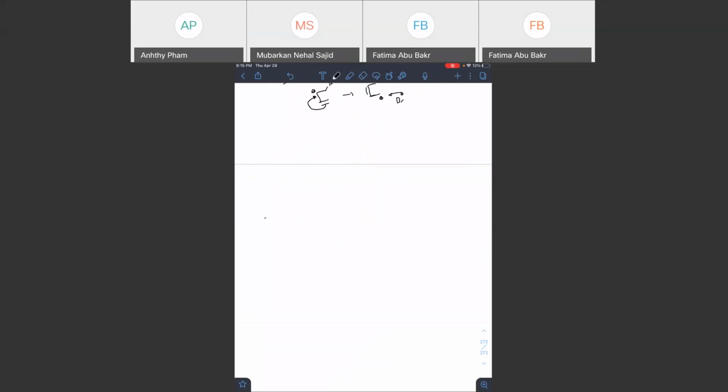So the example of 1,2 addition is this. We're taking this and reacting it with HC triple bond C MgBr. This should scream strongly basic, strongly basic nucleophile.